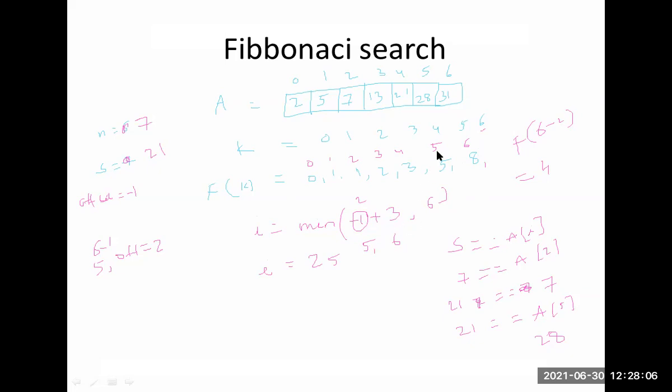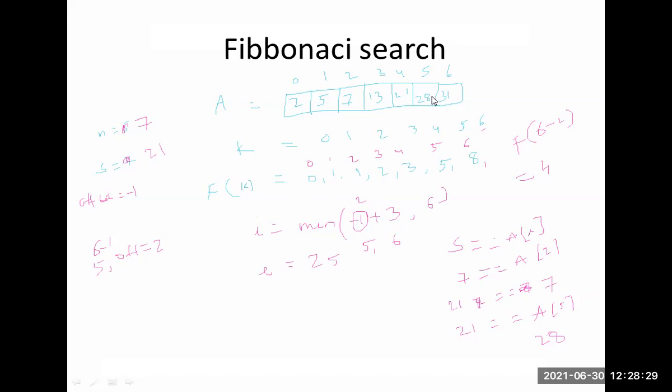Okay. So k equal to k minus 1 means k value is 5. So f of k minus 2, that is 5 minus 2, that is 3. Here the offset is 2. So 2 plus 3, 5, 5 comma 6. In this the minimum is 5.